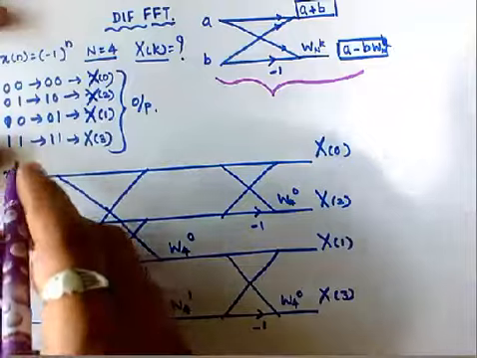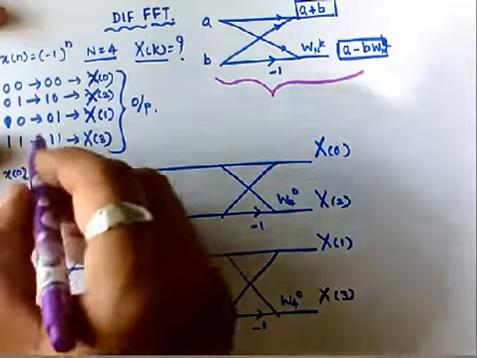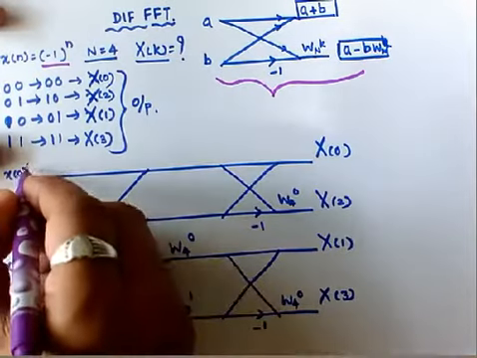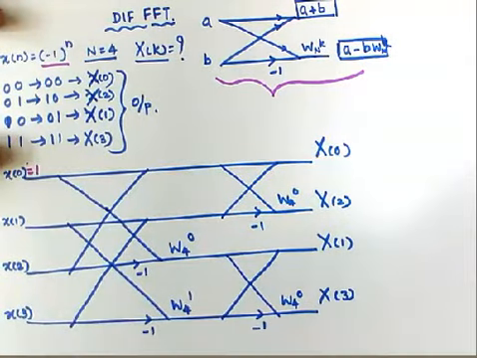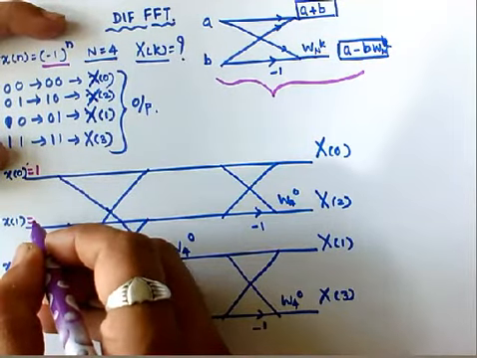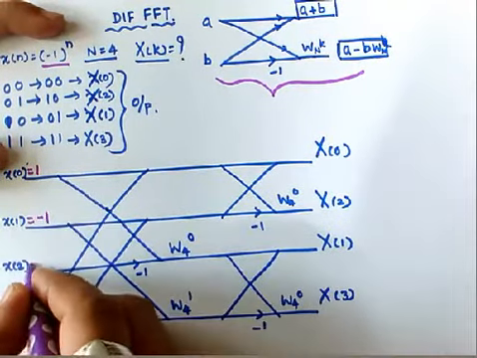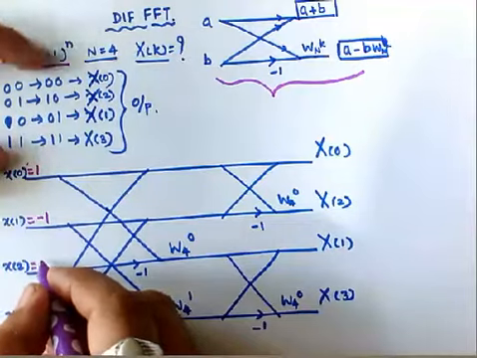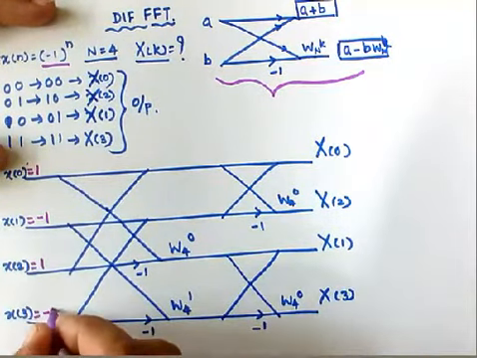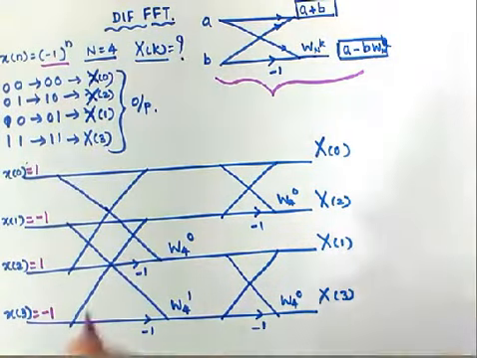For x of 0, by putting n equal to 0 in the equation, -1 raised to 0 means it is 1. Similarly x of 1, by putting n equal to 1, is -1. Again n equal to 2 means -1 raised to 2, it is 1. Again -1 raised to 3 means -1.